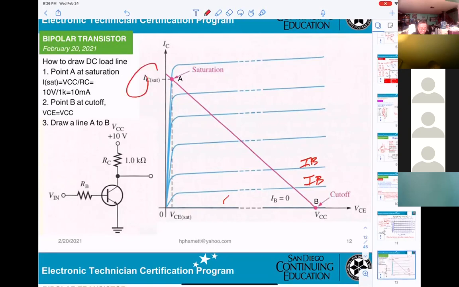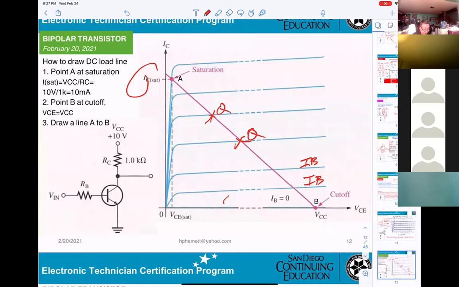This tells you how to draw the load line. In order to draw the line, you need 2 points: point A and point B, and you draw the line. That will be Q when it intersects with the current IB.